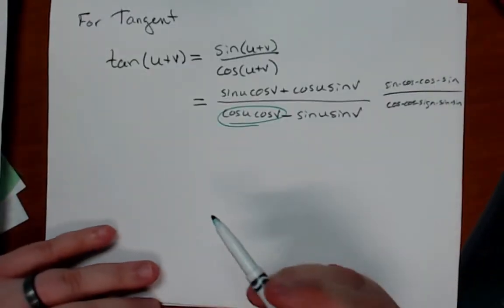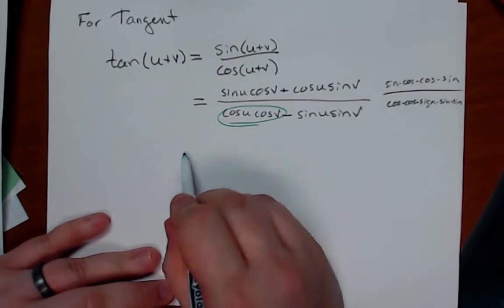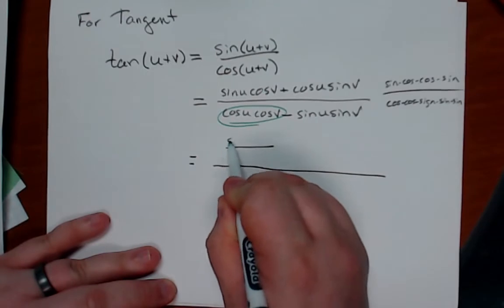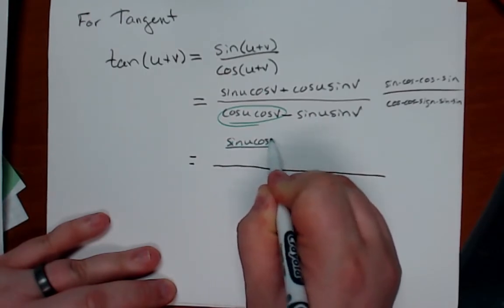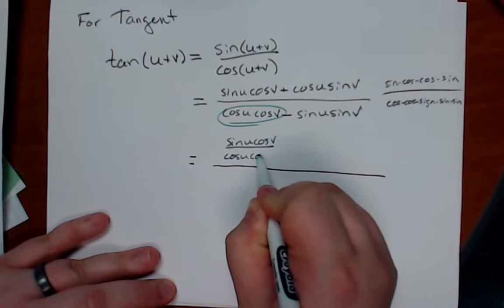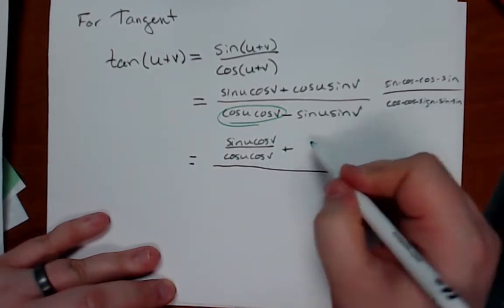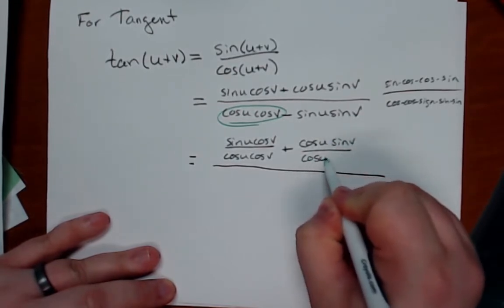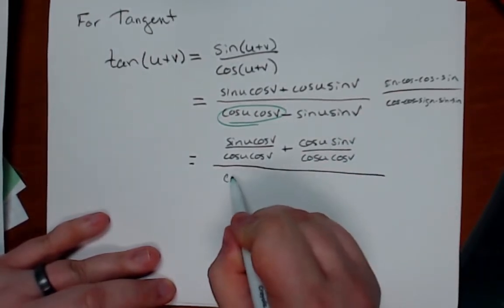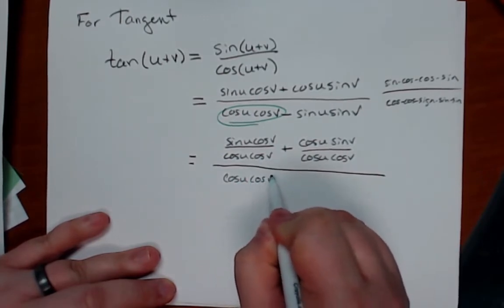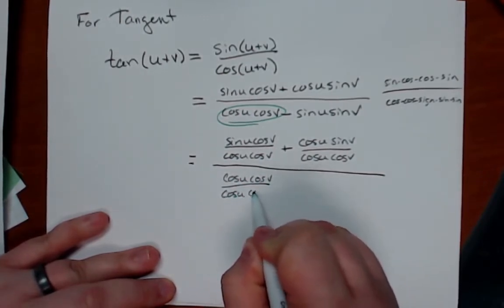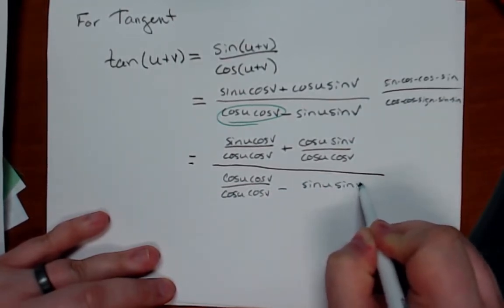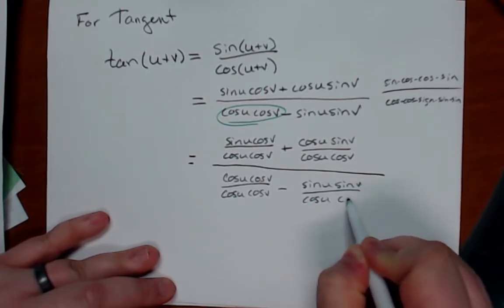And you're like, well, why are we doing that? We'll see. So we have sine u cos v over cos u cos v plus cos u sine v over cos u cos v, over cos u cos v over cos u cos v minus sine u sine v over cos u cos v.